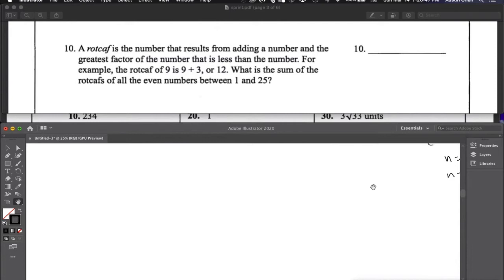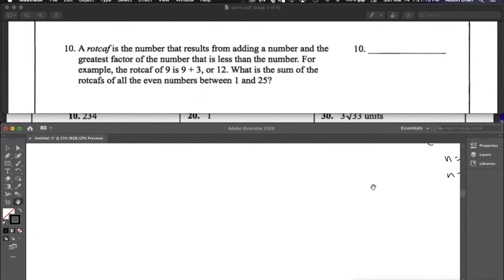If you think of an even number, the greatest factor of the number that is less than the number has to be half of the number, right? The greatest factor it can have has to be paired with the smallest factor the number can have that is not one, or else the factor would be itself.